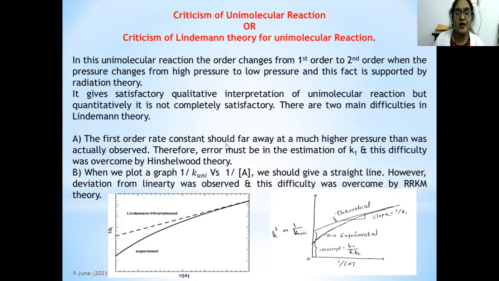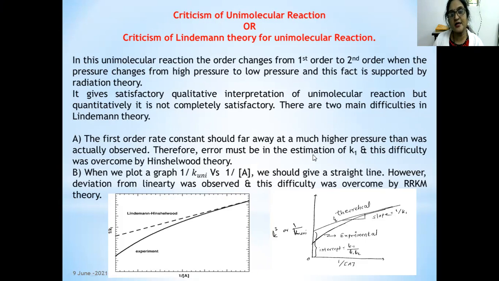The first order rate constant should fall far away at higher pressure, because at high pressure it follows first order kinetics. But there is an error between the practical value of k1 and the calculated value of k1 at high pressure according to the Lindemann theory.